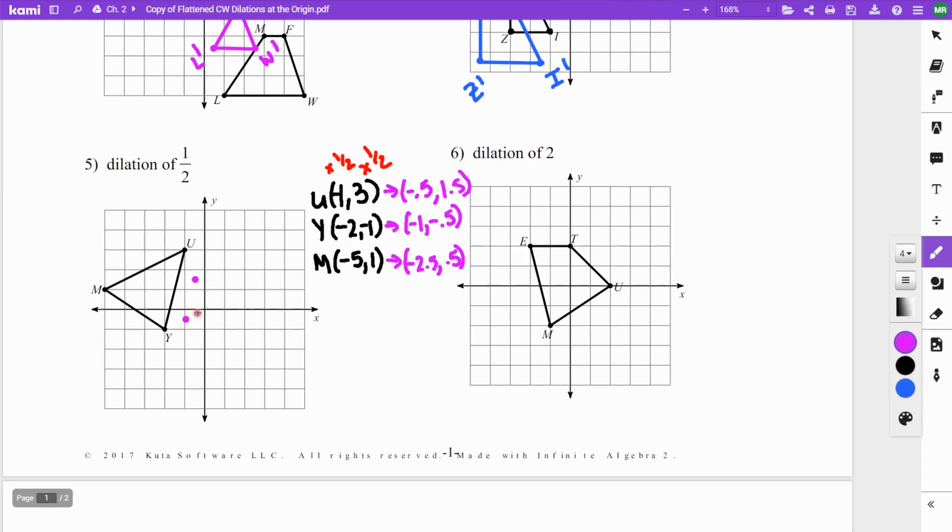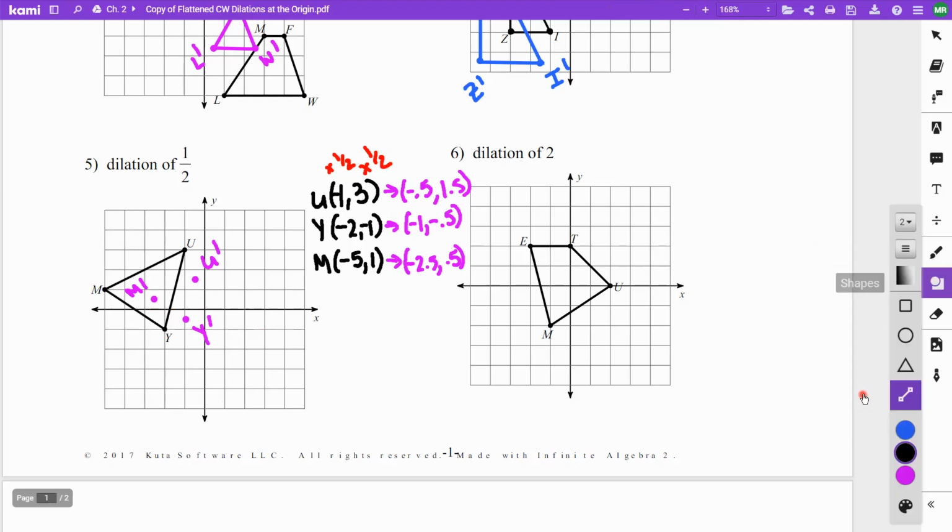I'm going to go to -2.5 and a positive 0.5. And this is my U prime, my Y prime, my M prime. Connect them. And there's my picture.